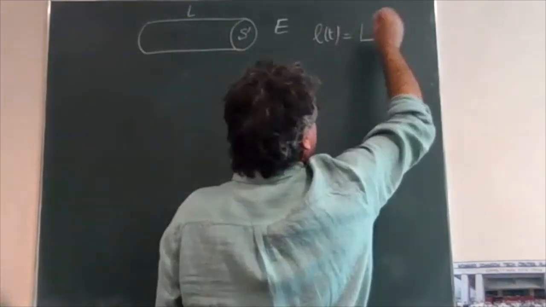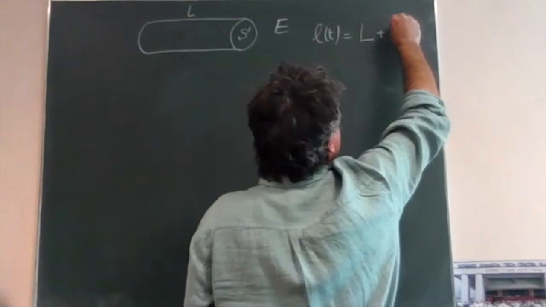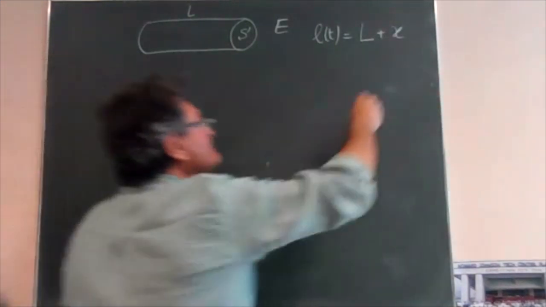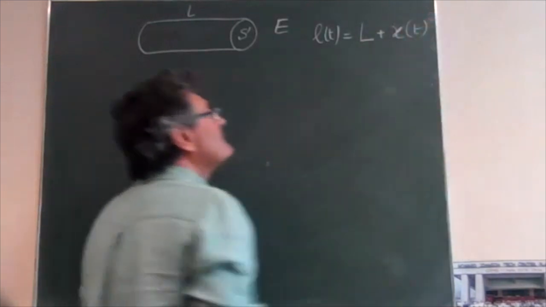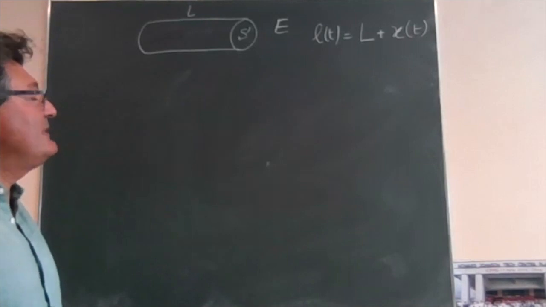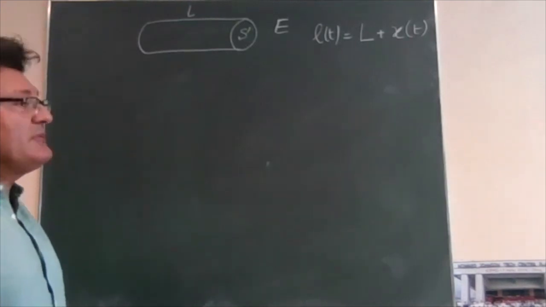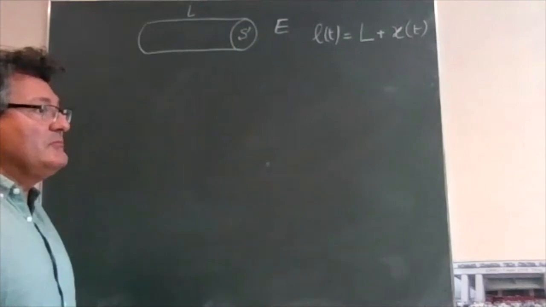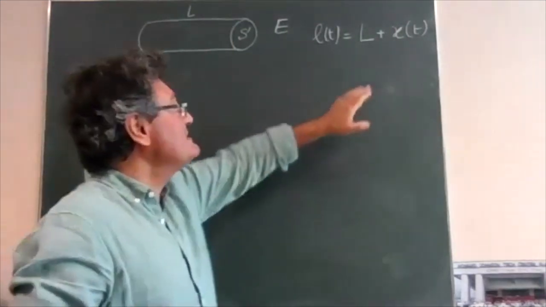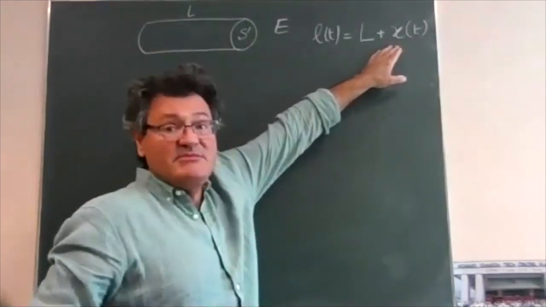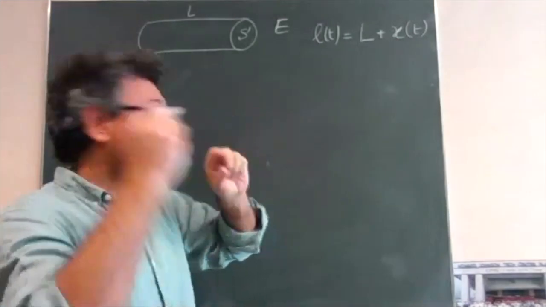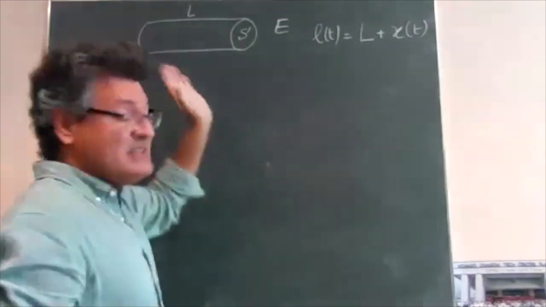So this is L plus the variable x. Great. So now this is a very important part of the calculation of thermal noise, because we specify which is our observable. So our observable is the length of the cylinder.